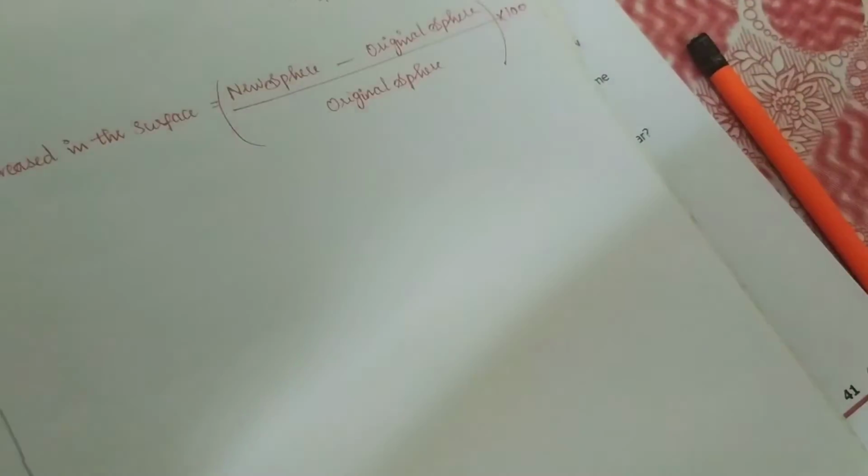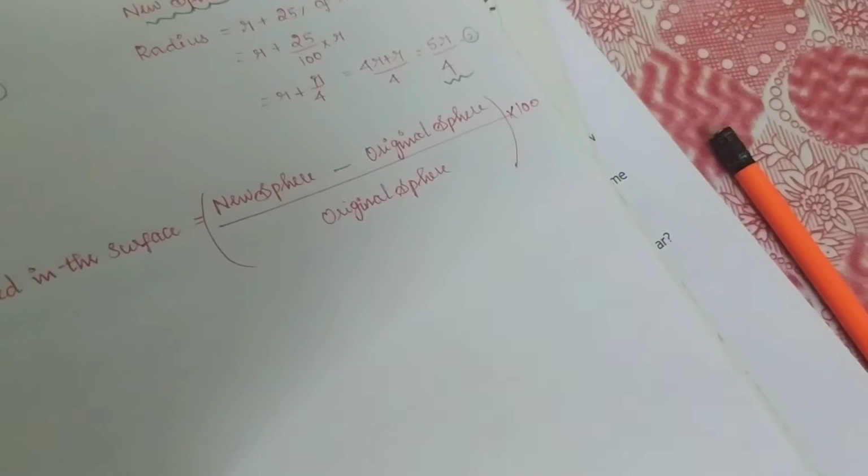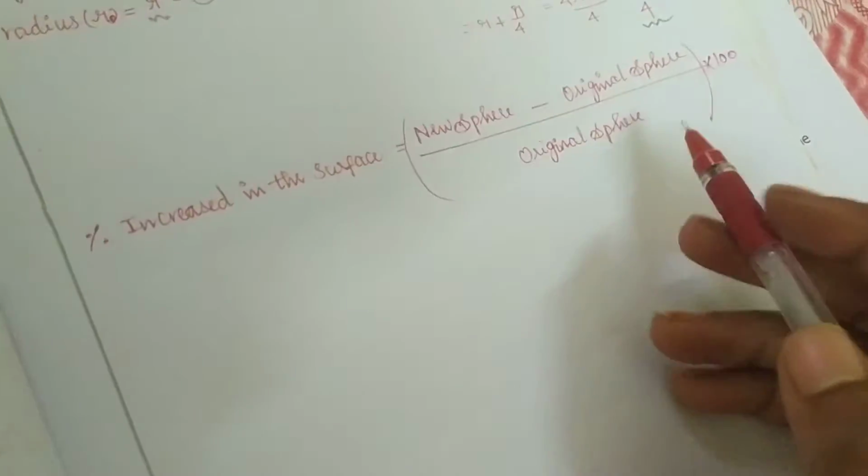This is the formula. Why are we multiplying into 100? Because we are going to find the percentage.